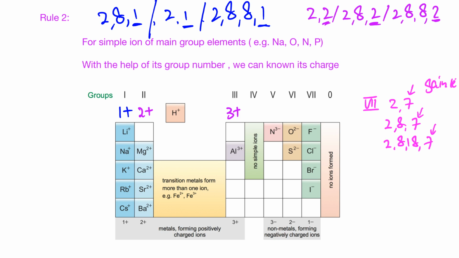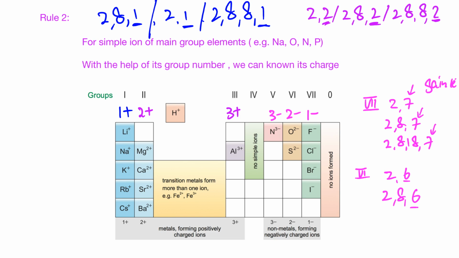Gaining 1 electron, they become 1 negative. Group 6 would be 2,6, 2,8,6. In this case, we need to gain 2 electrons, so we become 2 negative, and group 5 becomes 3 negative. So basically, when you look at the group number, you can tell their charges.